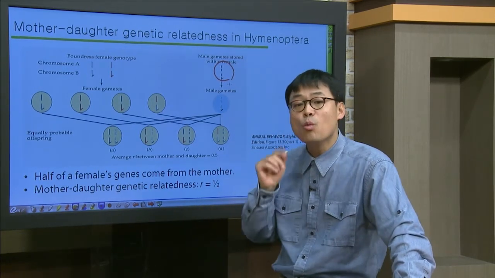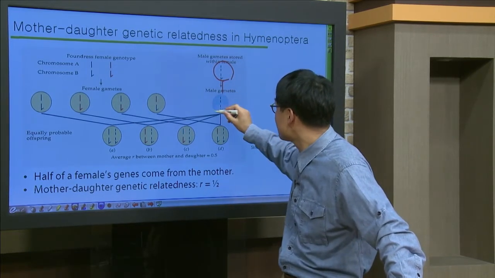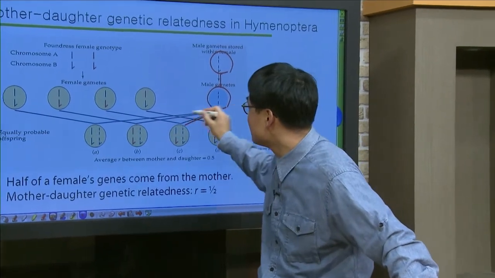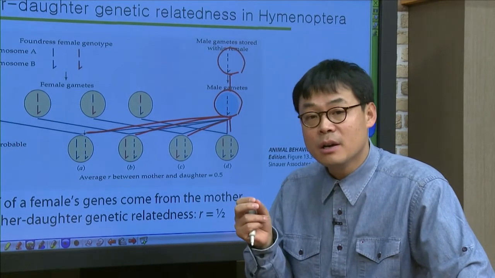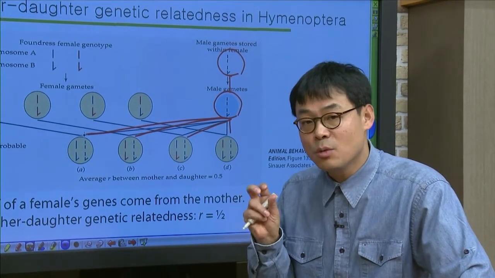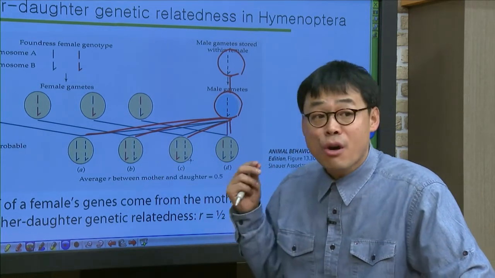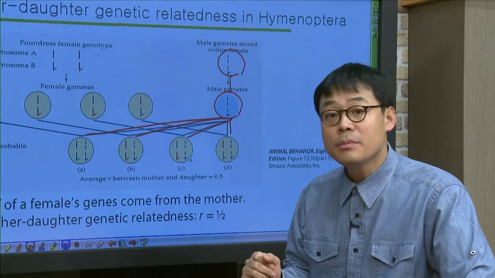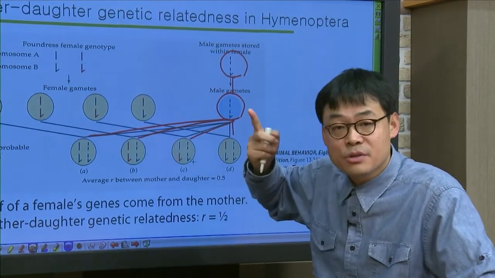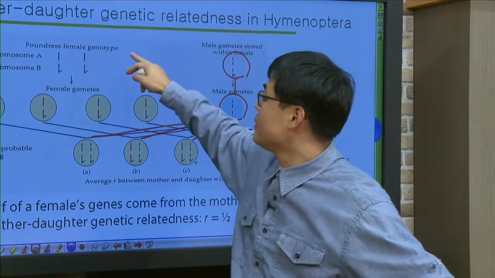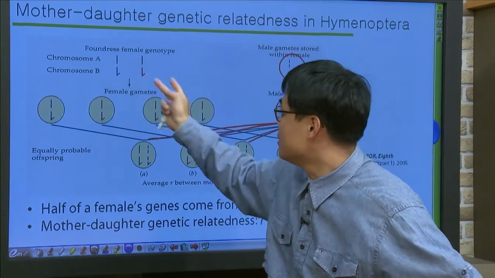Since males have only one set of chromosomes, this one set directly contributes to any daughters, the daughters who become the workers. Any chromosome from the drones is the same because the drones have only one set of chromosomes, but the queens have two sets of chromosomes, and there's a combination like this.